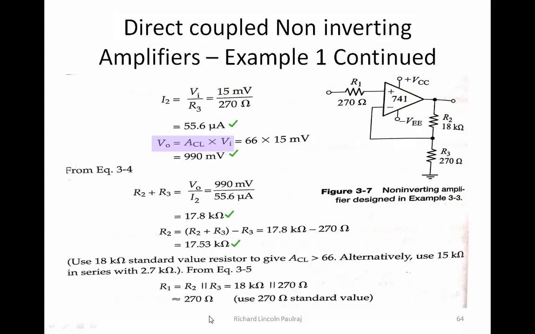What is the formula for R2 and R3 in parallel combination? 1 by R2 plus 1 by R3, whole inverse. You can take that, or you can take R2 R3 divided by R2 plus R3. That also can be done. So if you calculate, we should be getting about 266, right? Are we getting 266?